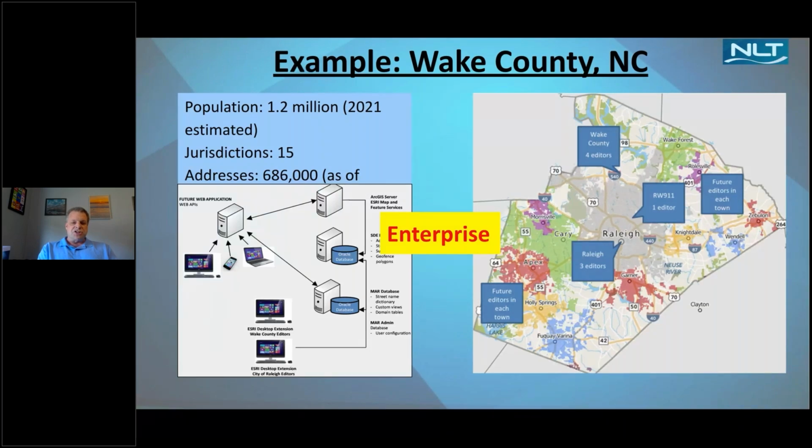But having that many jurisdictions, they have to have a maintenance application that allows for an enterprise approach to address management and being able to edit addresses, allowing each jurisdiction that has a partial area within the map that you see on the right to be able to do their own address management, but within a framework where they're not actually committing the address to the official database, but more submitting it and doing the work that's required to submit an address for review.